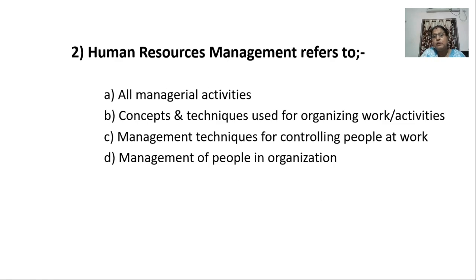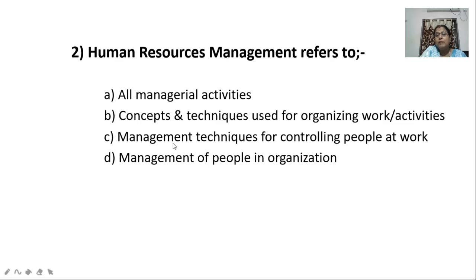Let's move on to the next one. Human resource management refers to all managerial activities, concepts and techniques used for organizing work or activities, management techniques for controlling people at work, and management of people in the organization. I told you in MCQs, generally they give almost all related or very close answers.